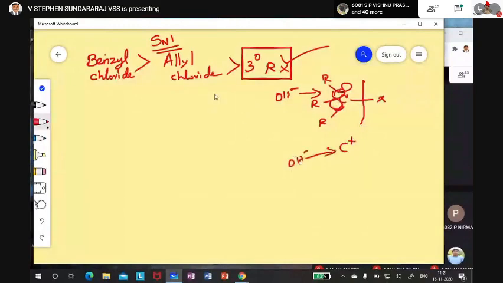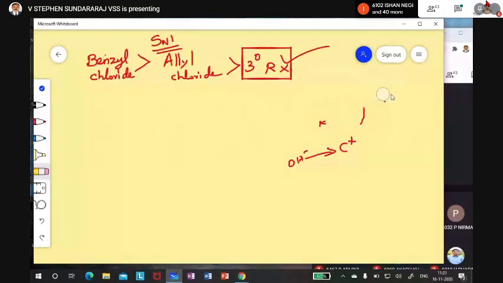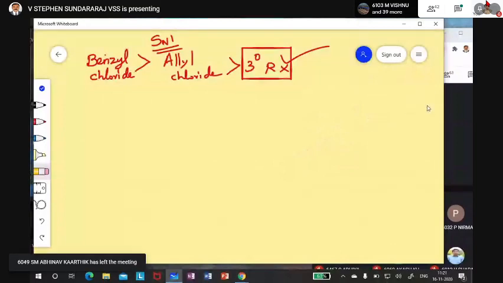But now, here is something with more reactivity than that. How will you explain that? You have to explain based on the stability of the carbocation, because the SN1 reaction, as I just explained, takes place in two steps. In the first step, the carbocation is formed, and if the carbocation is more stable, what happens? Reactivity is more.